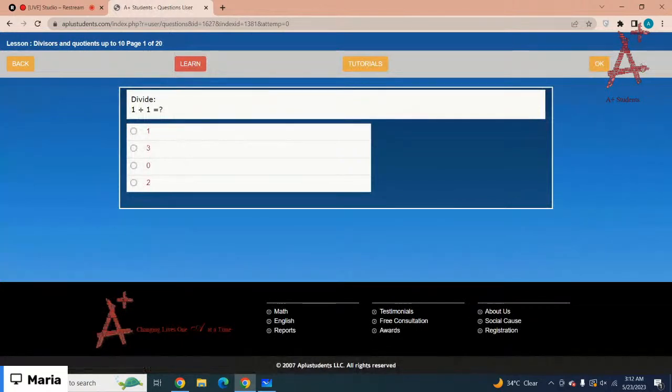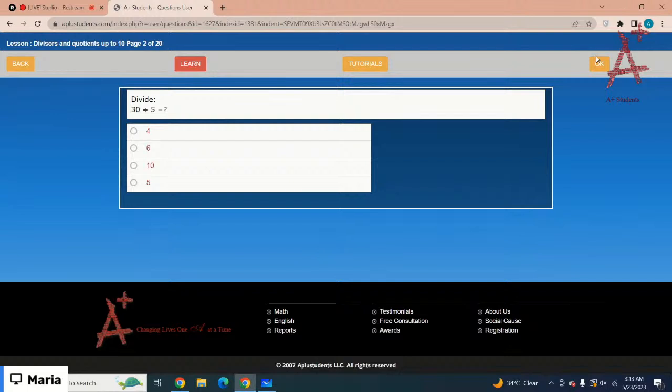The first one is 1 divided by 1. So 1 divided by 1 equals 1. The next one is 30 divided by 5.